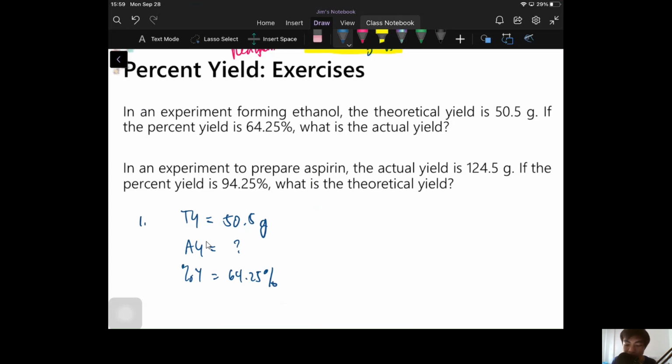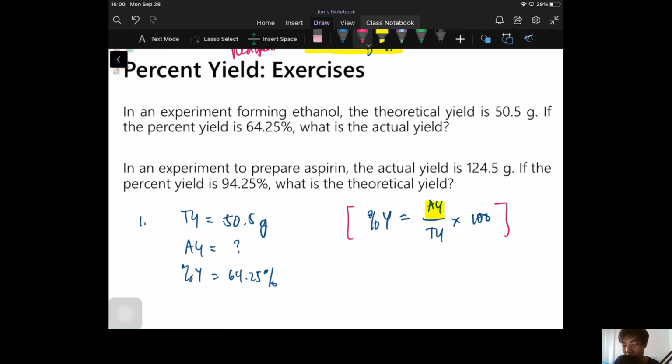Okay, so let's solve for this. We are given the theoretical yield, then we will solve for the actual yield. It's easy. Just write the formula: percent yield equals AY over TY times 100. We will solve for the AY. All we have to do is cross multiply TY and the 100.